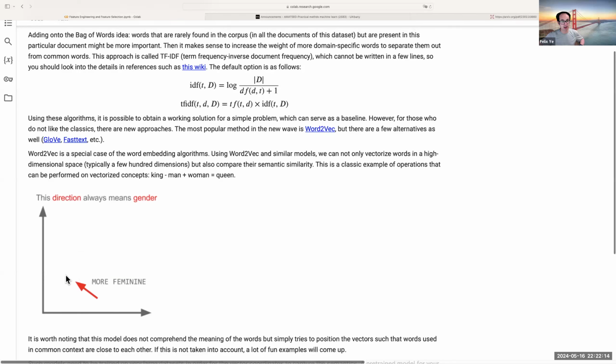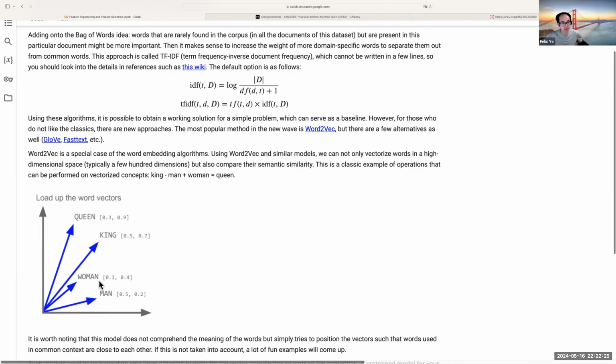This direction is always more feminine. So if you take king minus man plus woman, it will output a vector that is very close to queen.